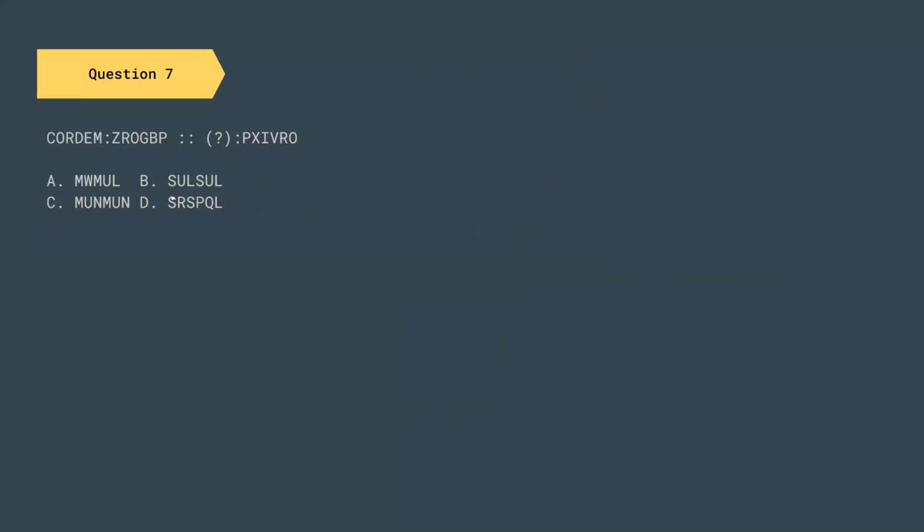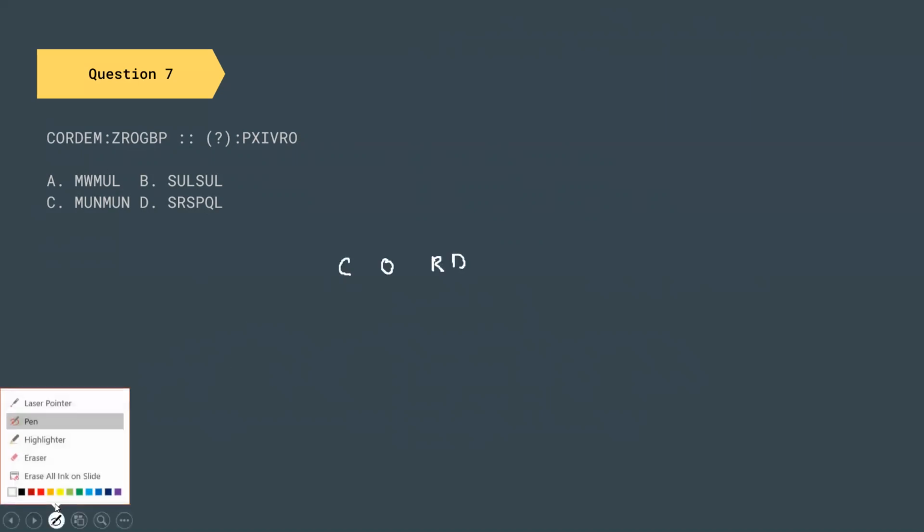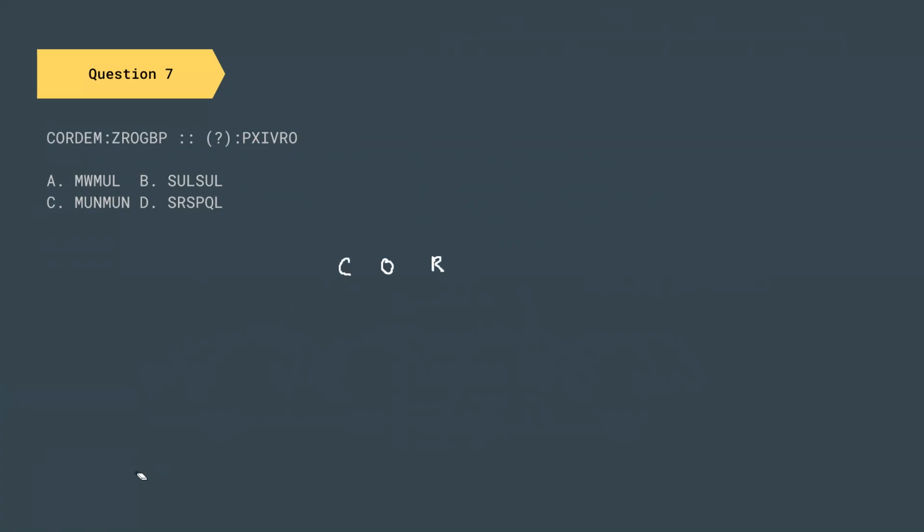So they are saying that CORDEM is encoded into ZROGBP, then what word will be coded to PXIVRO? So let us see here once. So the word is CRODEM. I have written it too close, so I will write it a little further.